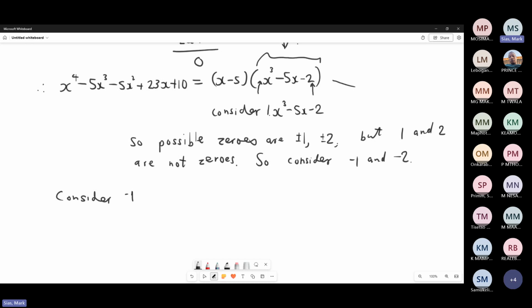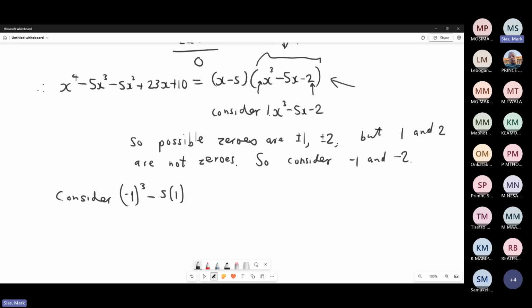We'll put it into that bracket. So -1 cubed minus 5 times -1 minus 2. We can even put it in the bigger polynomial of degree 4. It should give us 0 or not a 0, just like that. So testing it on the cubic polynomial is as good as testing it on the quartic polynomial.